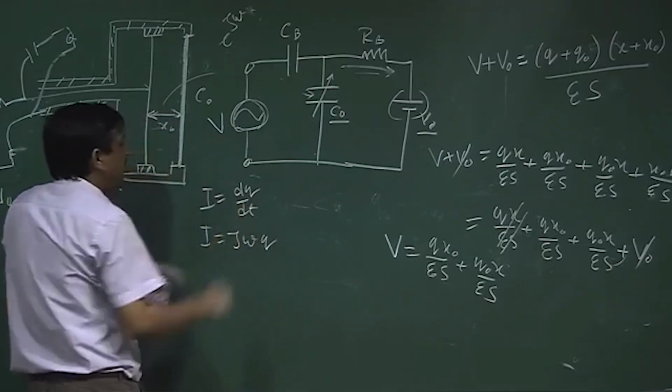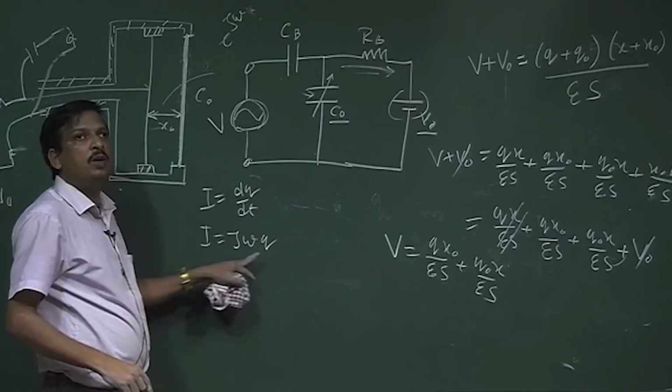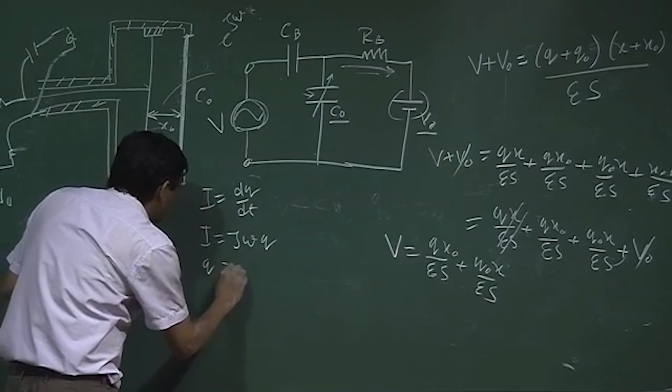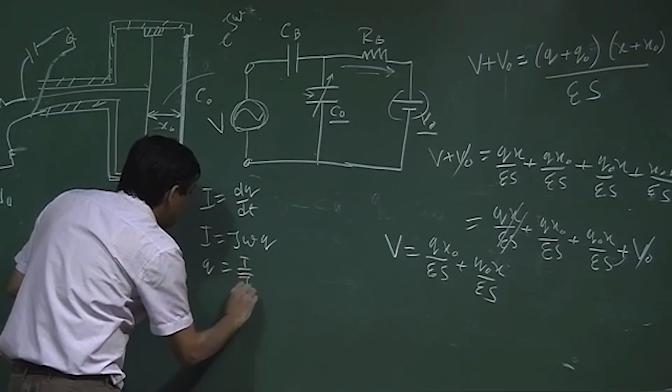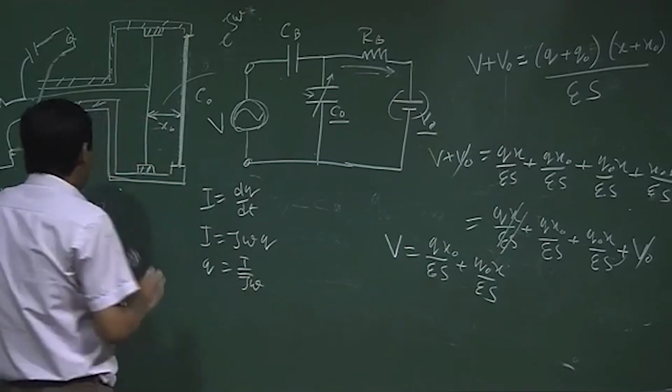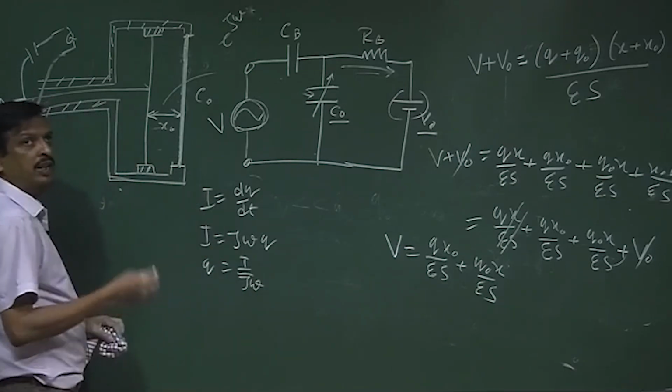So, the derivative d by dt is j omega, and q is equal to I by j omega.